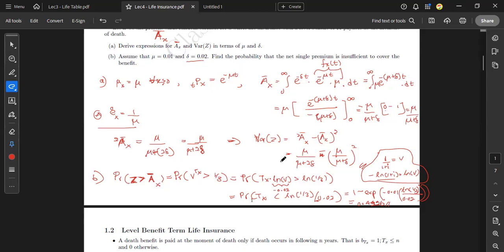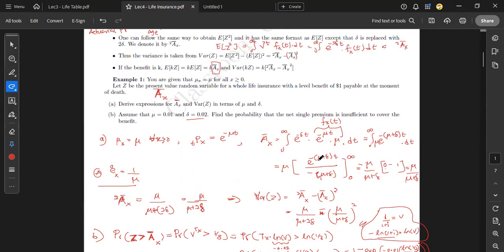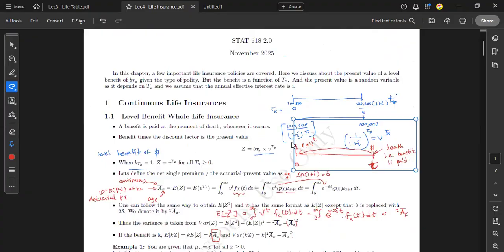So that's why we think of these different kinds of probability distributions and these calculations to cover these expenses. So that is the story of continuous whole life insurance, where I will recall again, it is continuous because the company pays the death benefit at the moment of the death.